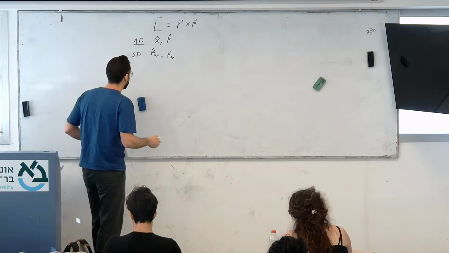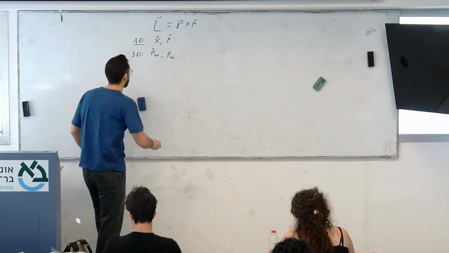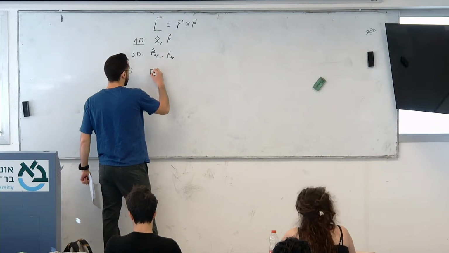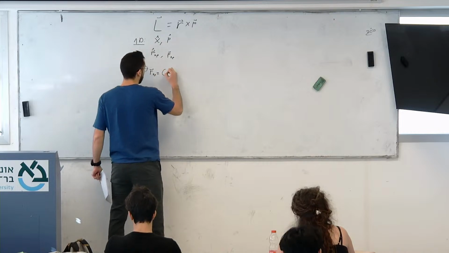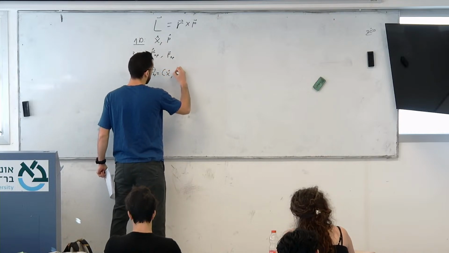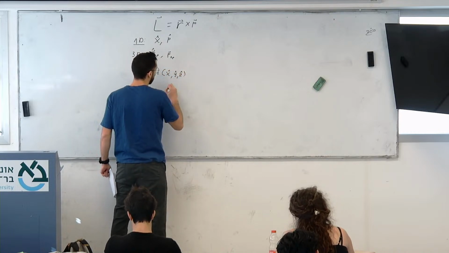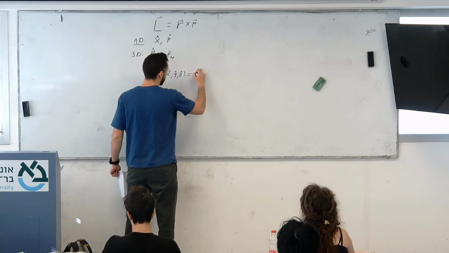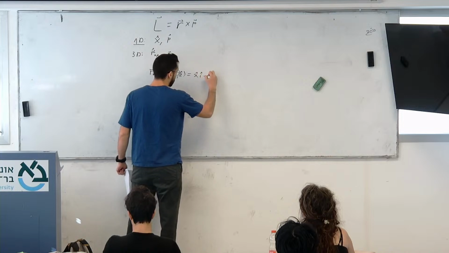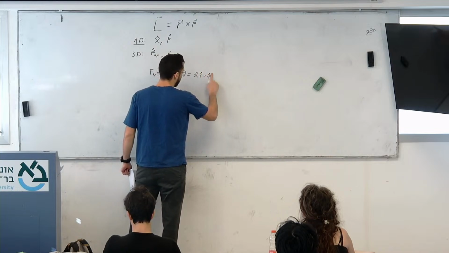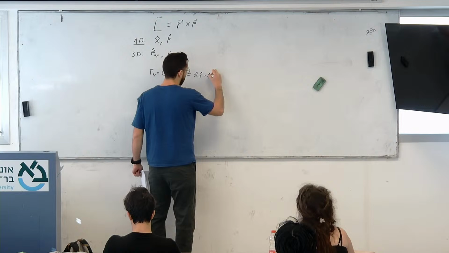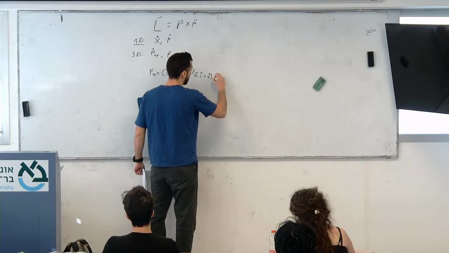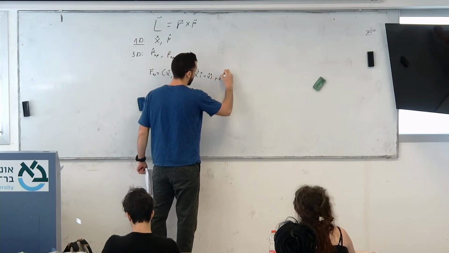When we want to write this R vector operator, we can write it as X operator, Y operator, Z operator. We can also write it as X operator i hat plus Y operator j hat plus Z operator k hat.